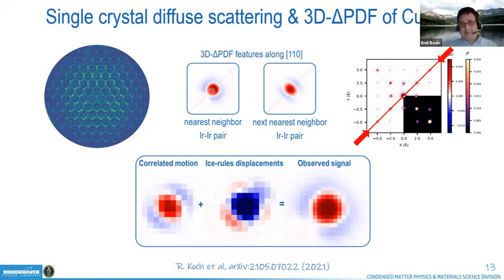And then in addition, for this nearest neighbor interaction, you essentially have a displacive component. This is how it looks from the ice rules displacement model that we utilized. And if you combine the two, you end up with something that is observed in the material. Okay, so anyways, this is just background.